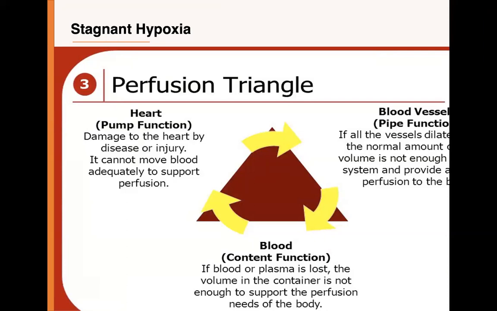So here we have this famous perfusion triangle. What can impair perfusion? Most of the time we start from the pump, which is the heart, and then the pipes, the conduits, which are the blood vessels, and then also the content within the blood. So anything which can cause heart failure or pump dysfunction can also lead to stagnant hypoxia, where you are able to oxygenate your blood perfectly, but you cannot distribute it to your tissues.